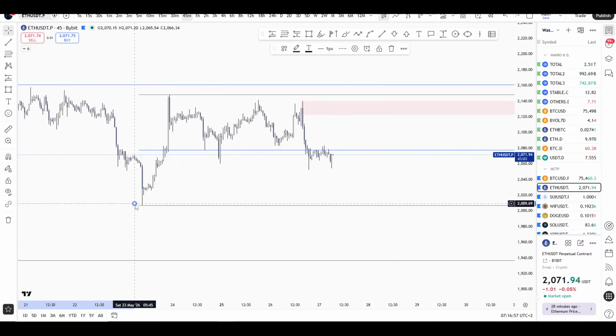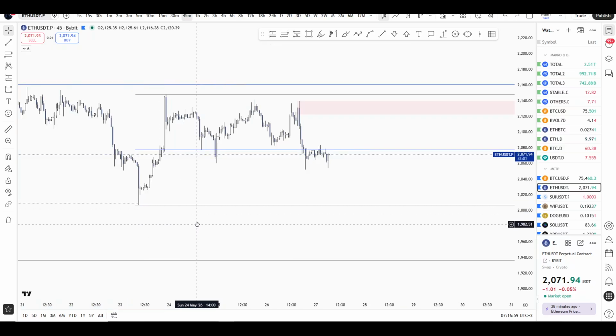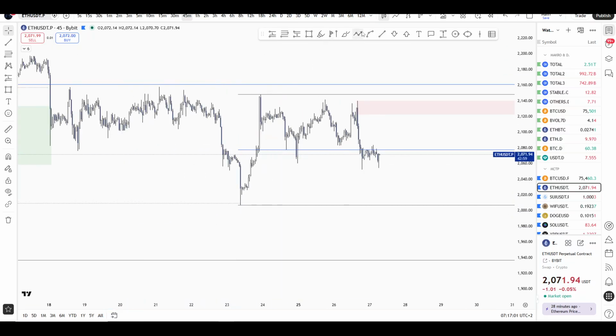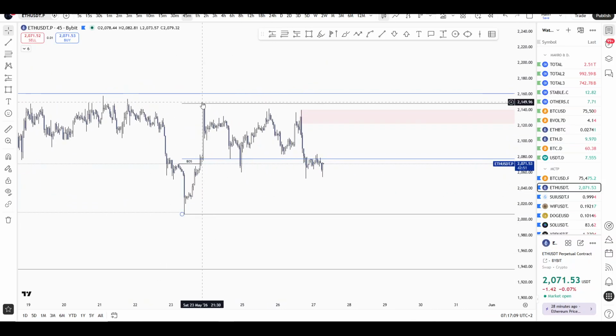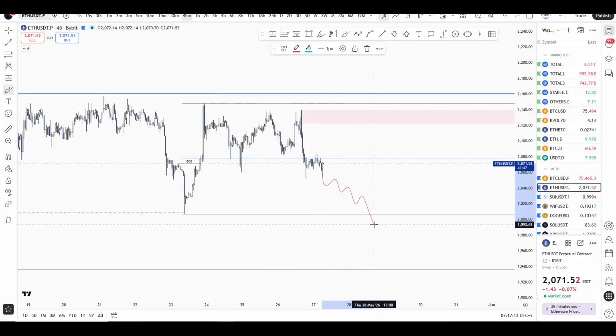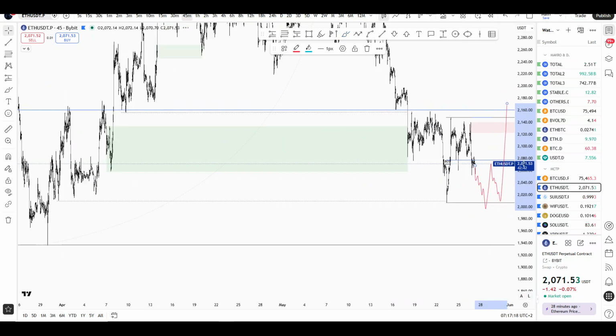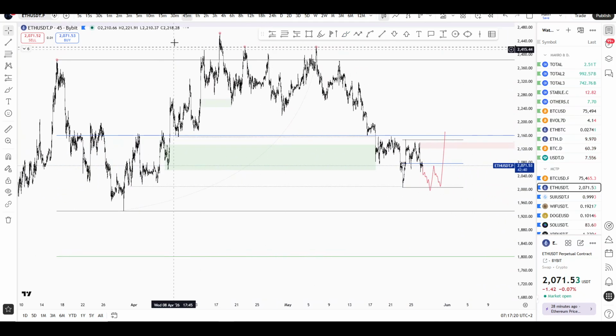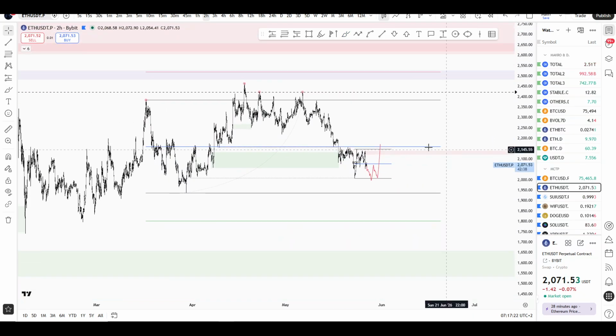So if we get the rotation back down, and this is what I'm saying here, we get the fake break here. We get the fake break here for the ranging formation. We take out the low once more, push up again, accumulate in discount of this range here.